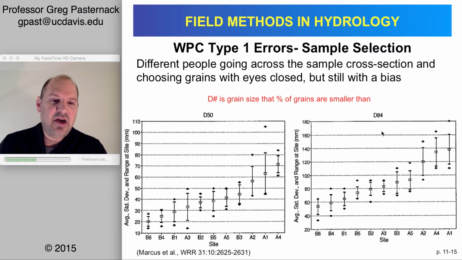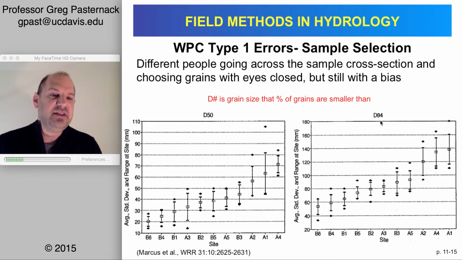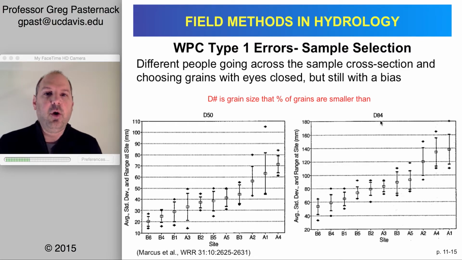This other plot on the right shows D84, which is the particle size that 84% of the sediment is smaller than. It's a commonly used size for representing the framework, the large particles that are holding the whole thing together.